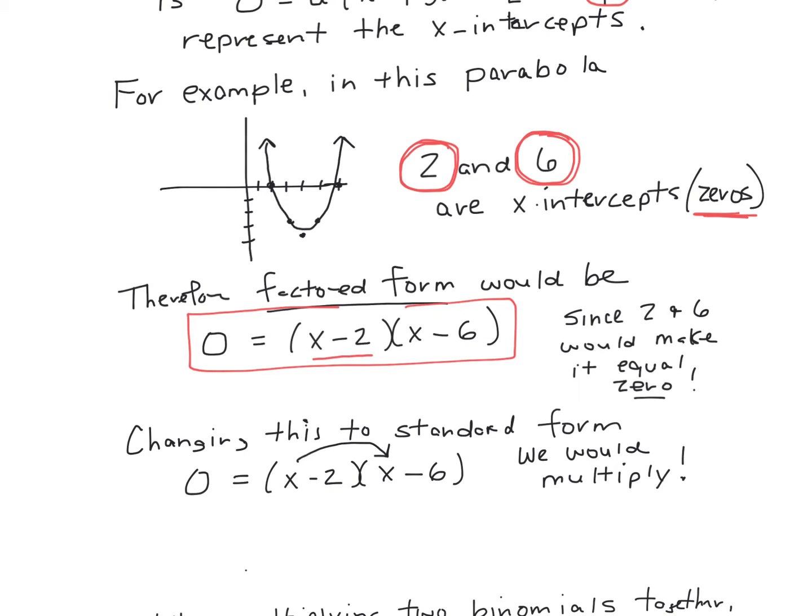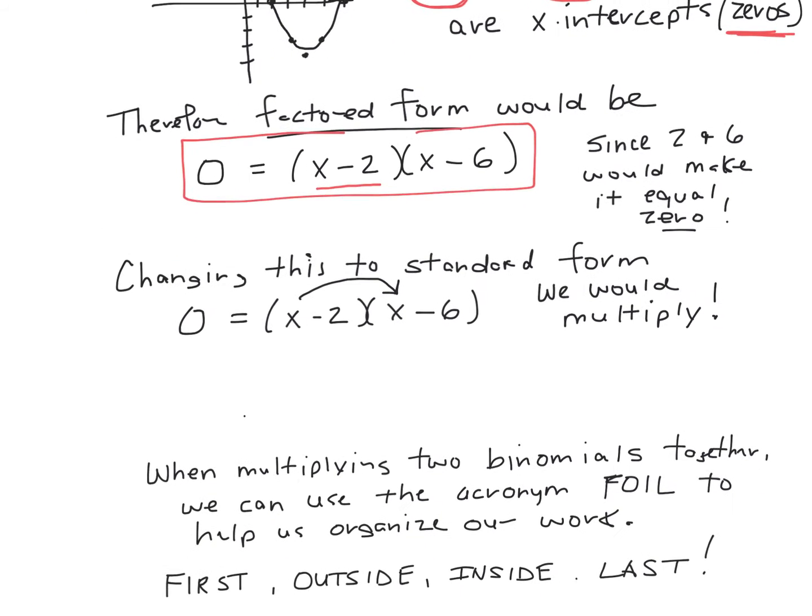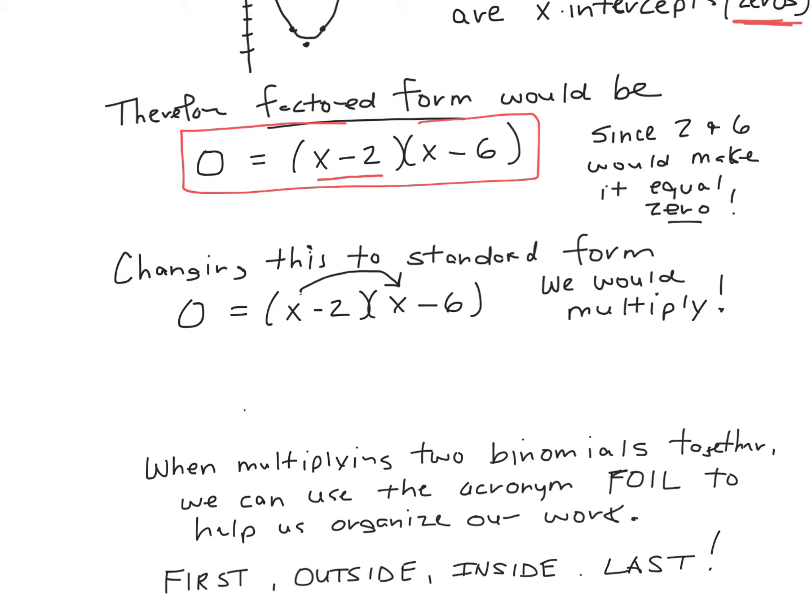Now, changing this to standard form, we need to multiply these together. And to do that, like we typically would do, we would distribute. So I'm going to take the x times the x, which would be x squared. I would take the x times the -6, which is the -6x, the -2 times the x, which is -2x, and the -2 times the -6, which would be positive 12.